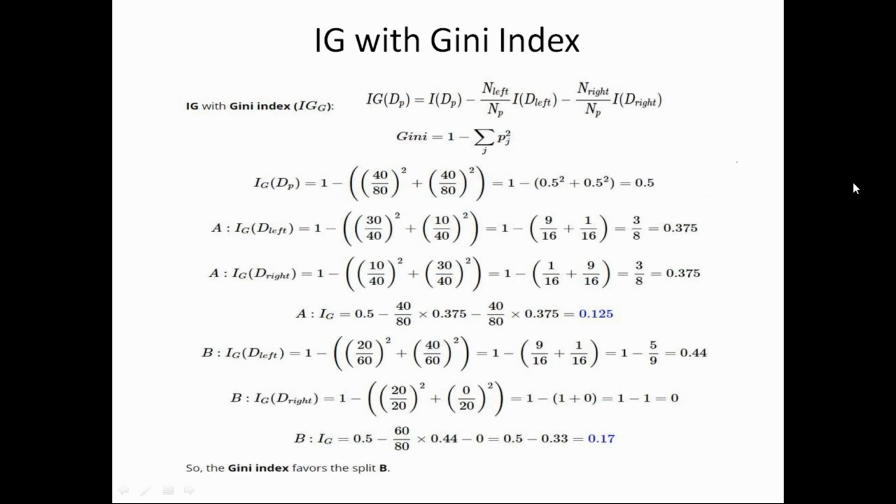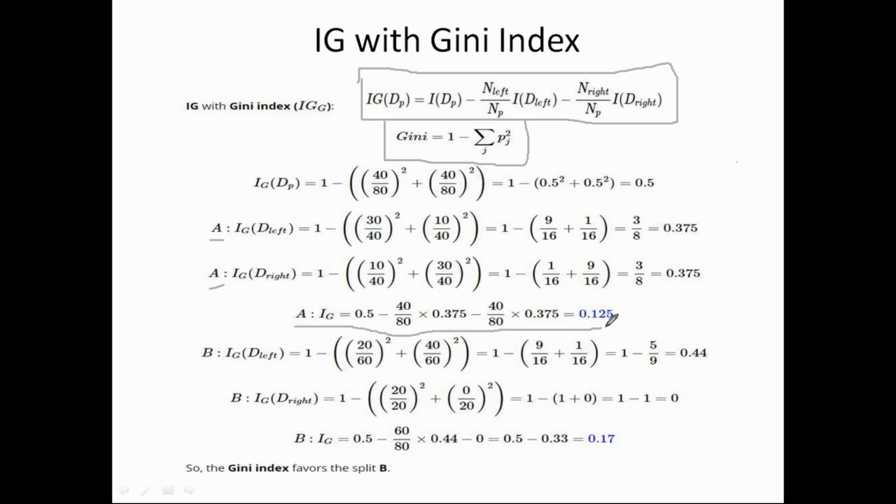This was my formula for information gain, isn't it? And this is my formula for Gini. So I am first taking A, and then maybe I will take B.